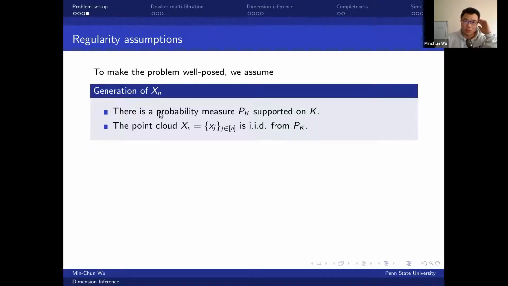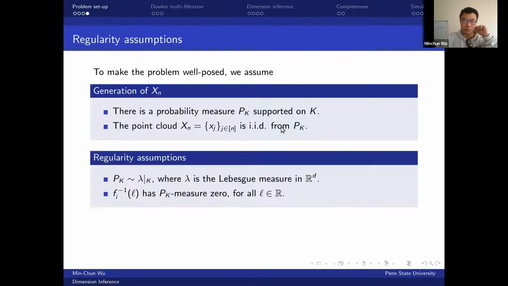We assume there is an unknown probability measure P_K that is supported on K, and the point cloud is IID from P_K. And we also assume that P_K is equivalent to the Lebesgue measure restricted on K. That is, they have the same measure zero sets. Measure zero for one measure is the same as measure zero for the other.